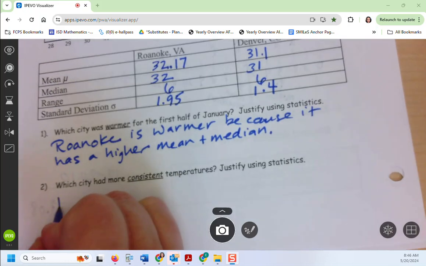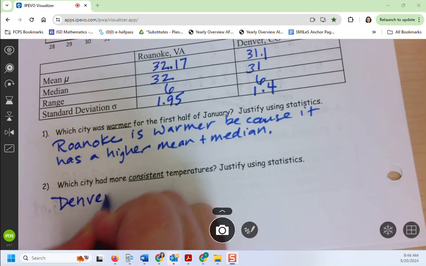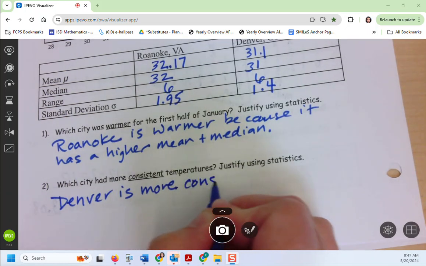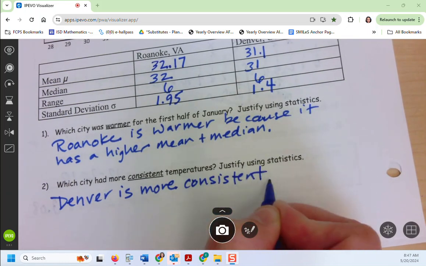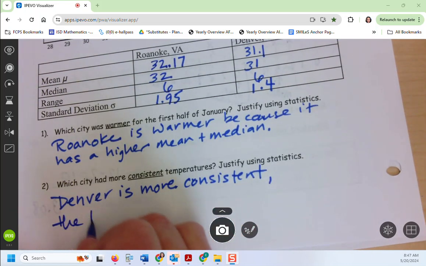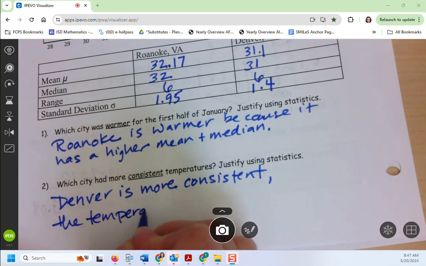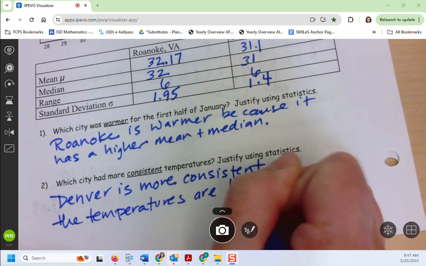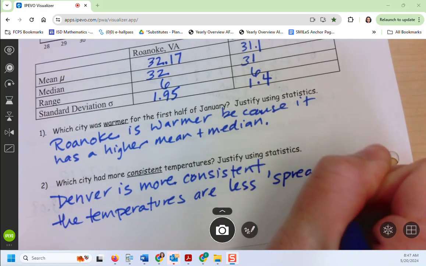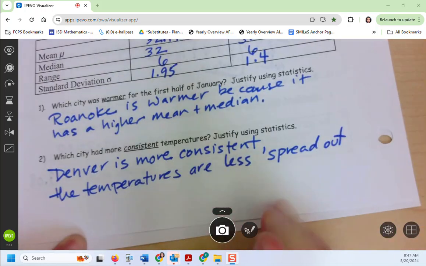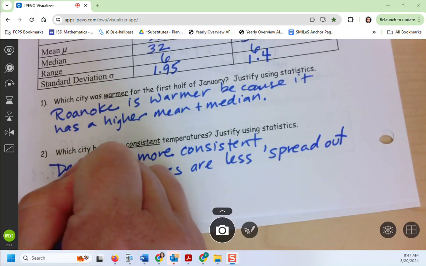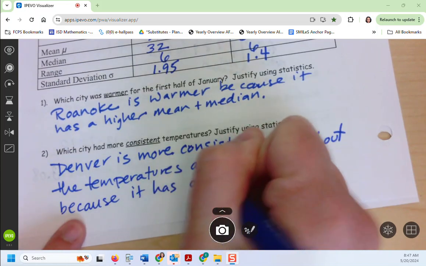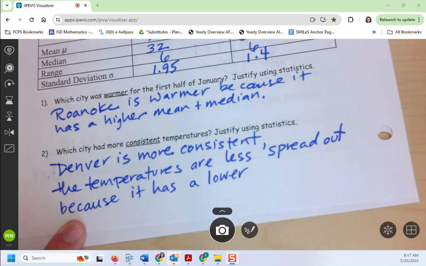So Denver is more consistent, the temperatures are less spread out, because it has a lower standard deviation.